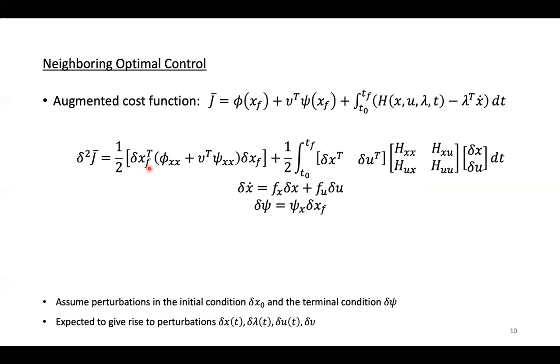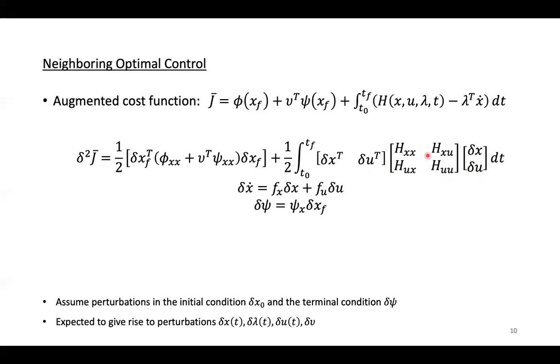So you have X transpose, this is essentially the QF you had seen in the previous slide, times XF, which means QF is essentially the second order derivatives of your terminal cost and the terminal condition, plus whatever the integral cost function you have, which is now, instead of the quadratic cost terms X transpose QX plus U transpose RU, you have X transpose HXX plus U transpose HUU.